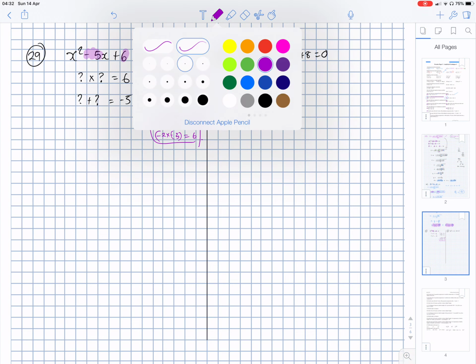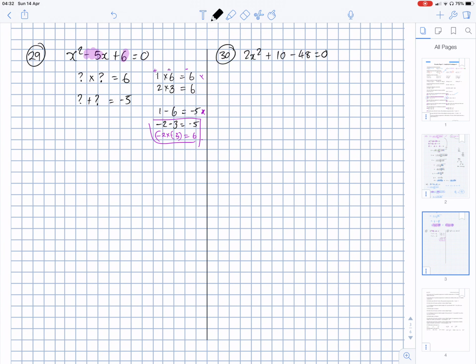I'm going to take this minus 2 and minus 3 and replace it here. So x squared minus 2x minus 3x plus 6 equals 0. The minus 2x minus 3x is the same as minus 5x. Then I factorize, because x is common: x times x minus 2 inside the bracket.